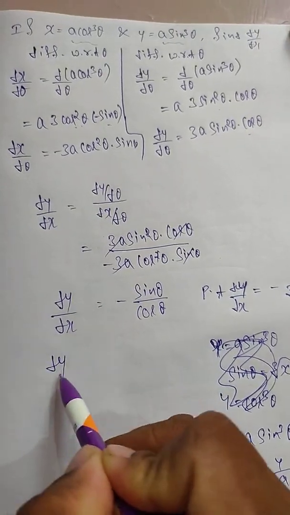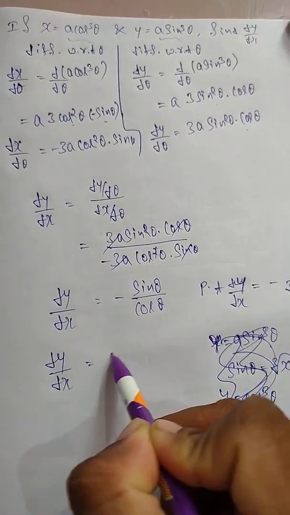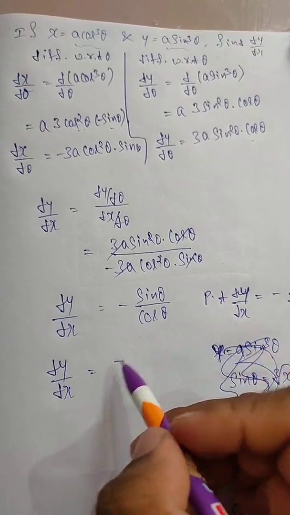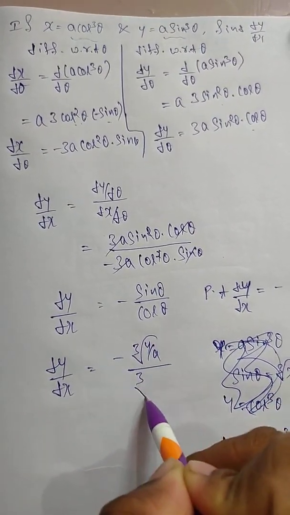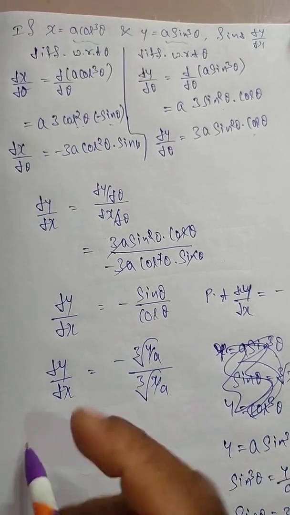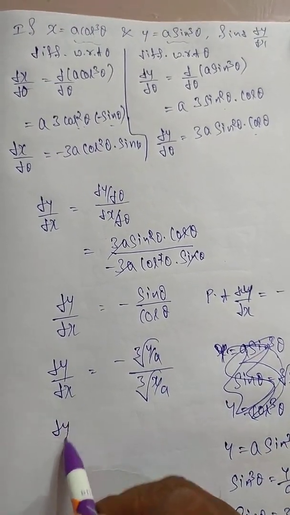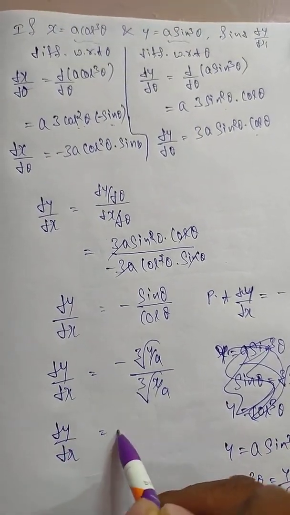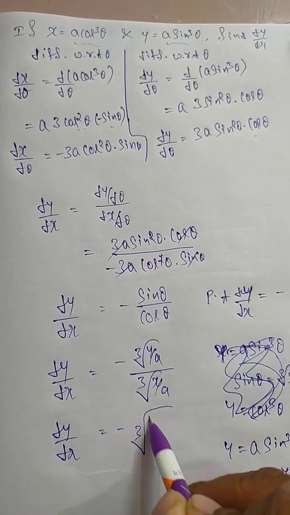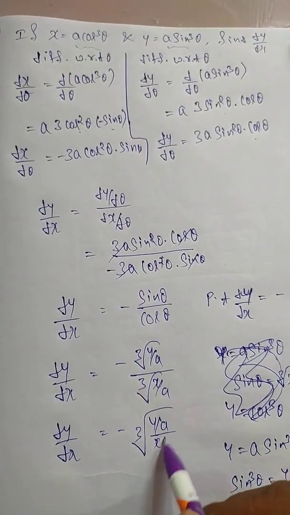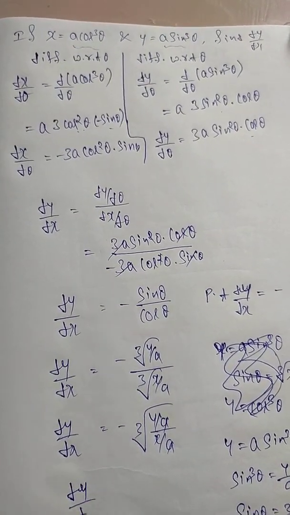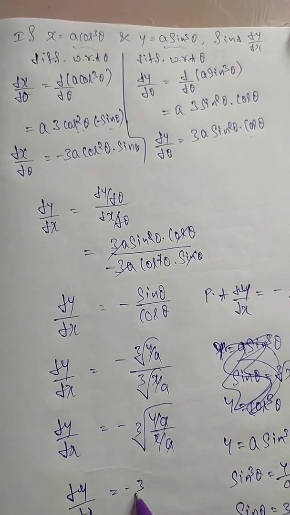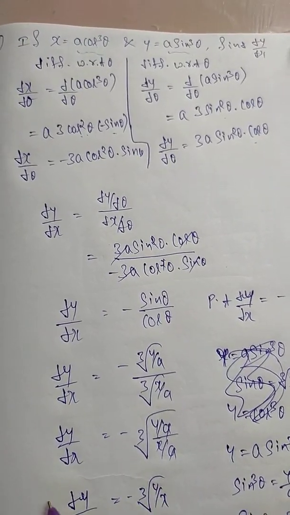So dy by dx is equal to minus cube root of y by a by cube root of x by a. So dy by dx is equal to minus whole cube root of y by a by x by a, a cancel. So dy by dx is equal to minus cube root of y by x. So this is the answer.